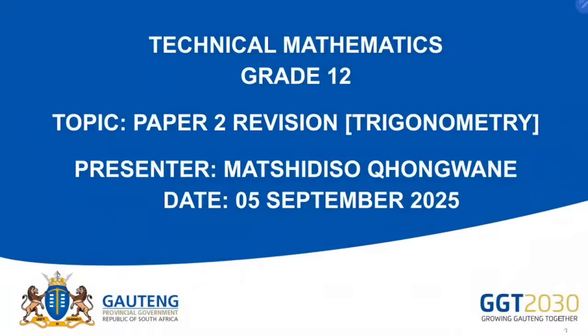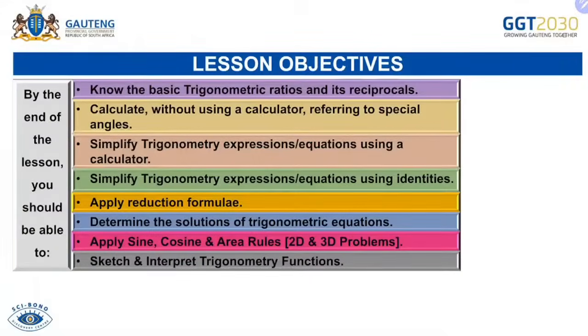And today we are looking at the paper 2 revision, since we are writing our prelim paper 2 on Monday. We will be looking at the trigonometry out of all our paper 2. By the end of this lesson, you should be able to, number 1, know the basic trigonometric ratios and their reciprocals.